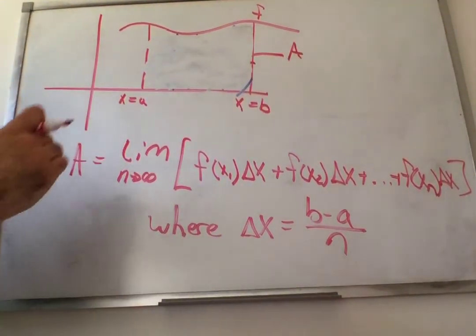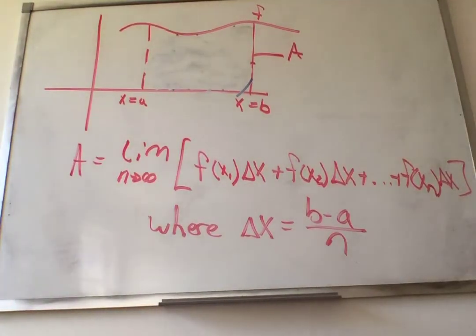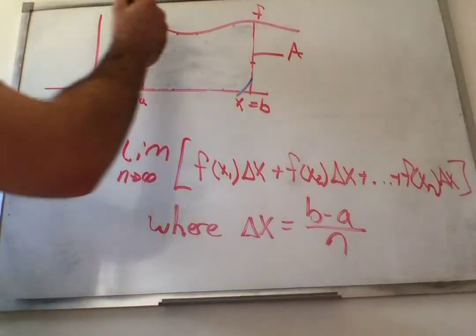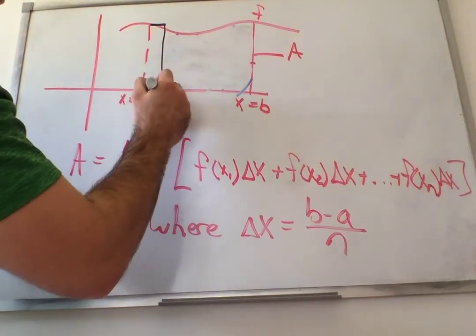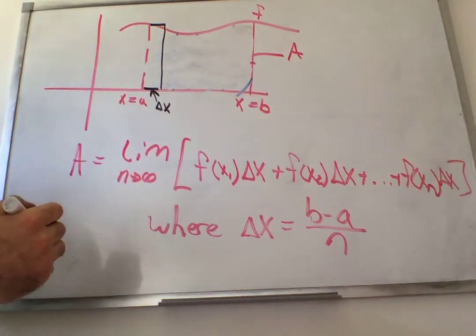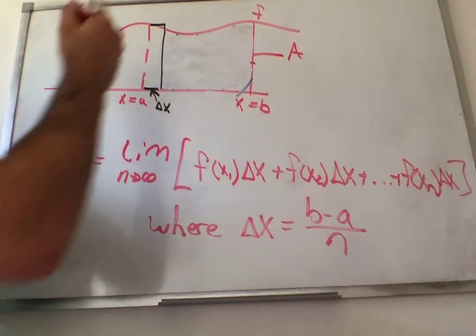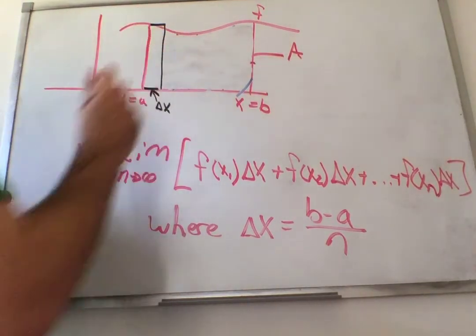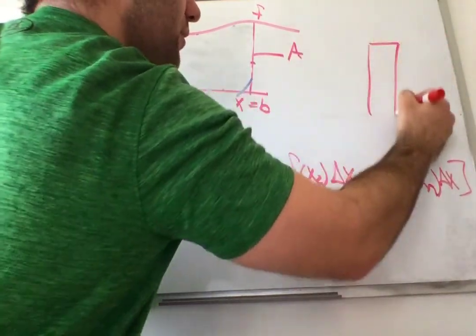So if I were to break this up into rectangles, and let me use a different color. Let's use black for my rectangle. So remember, the spacing here is delta x. Now, think about the dimensions of this rectangle. Okay, let me draw this rectangle over here.